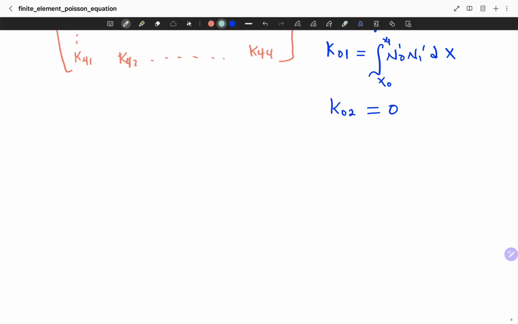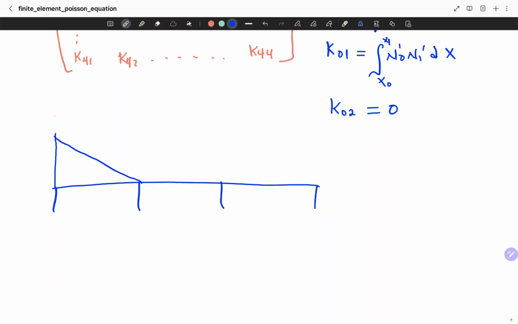So nj is something like this. This line that is going this way is where n0 exists.